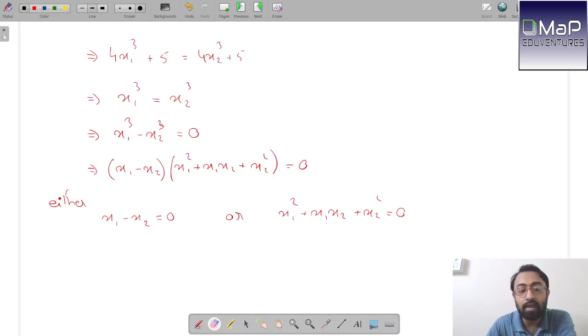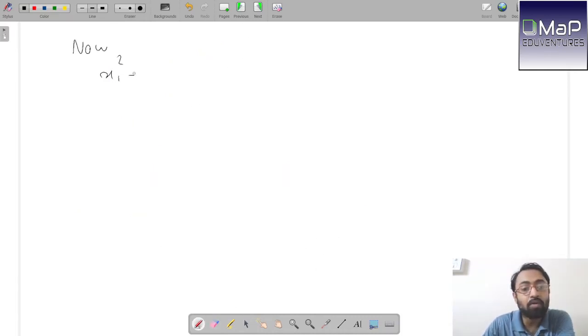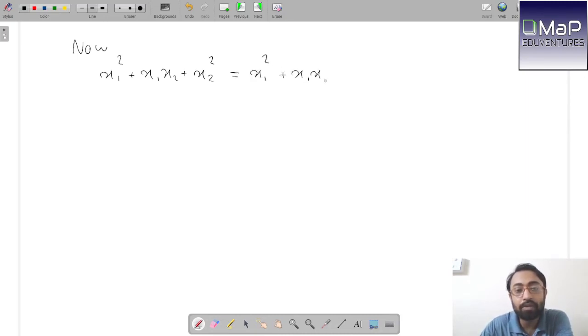Let us take the part we need to contradict. Here we have three terms. Remember that the third term, x2 square, let us split it as x2 square by 4 plus 3 times x2 square by 4.